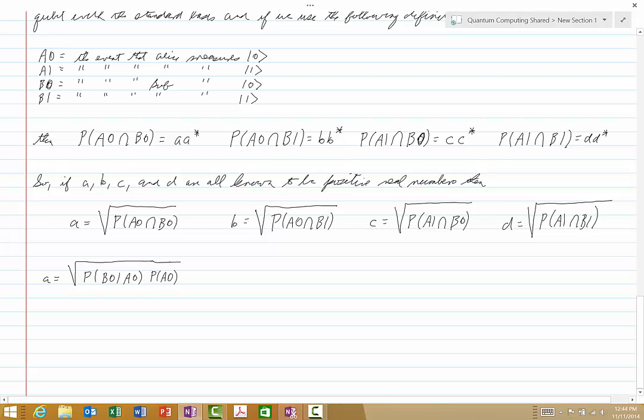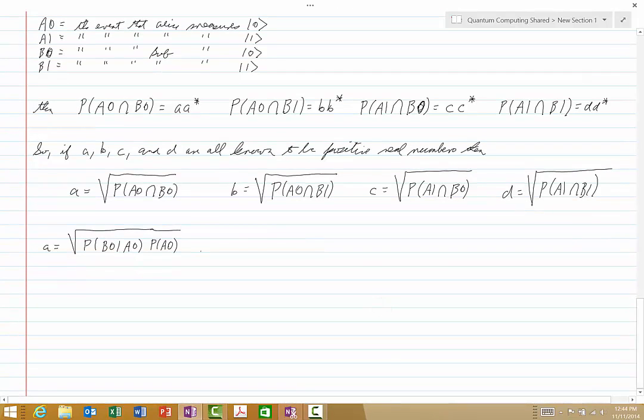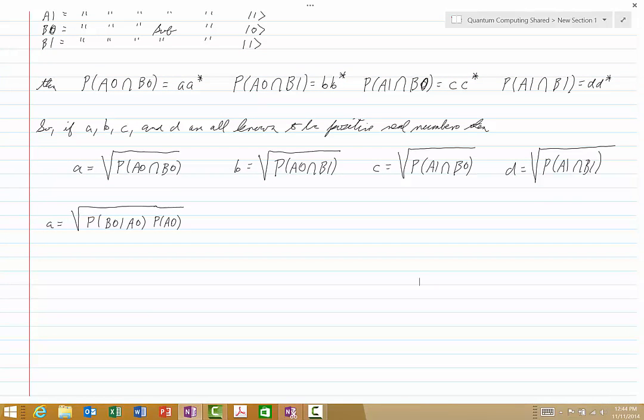And of course, that could also be written as P of A0 given B0 times P of B0. But you already know that, so I'm not going to expand on that. We can simplify this, but maybe there's no sense belaboring this point. All of you can do algebra, so I'll just leave it at this.